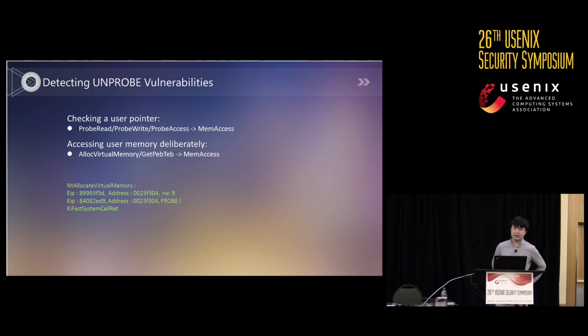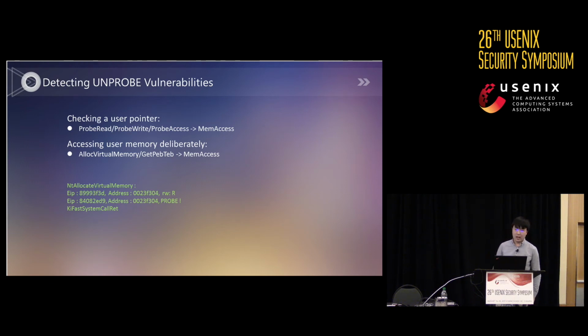Therefore, if we find a memory access event and there is no corresponding event to indicate the user mode address is legal, there may be a potential unprobe vulnerability. It is often the case in a complex structure containing user pointers.